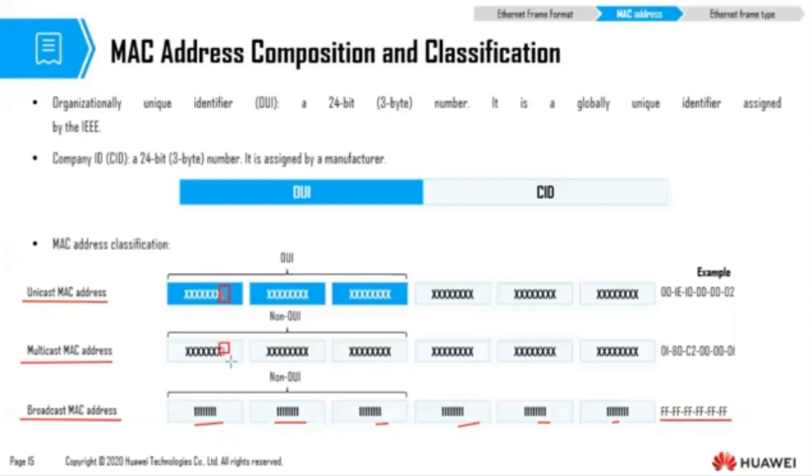On the other hand, for a multicast, other than a broadcast that has all ones, the first bit of the first octet will always be a 1. So that's how you can easily distinguish between a unicast MAC address and a multicast or broadcast MAC address.